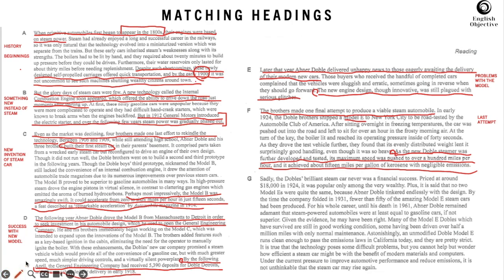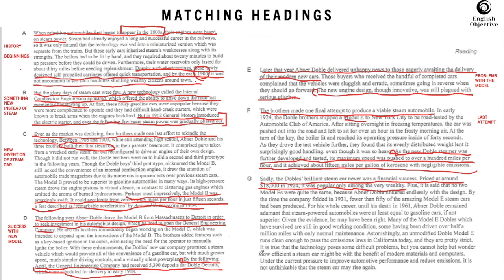And finally, let's continue skimming paragraph G. Sadly, the Doble's brilliant steam car never was a financial success. Never a success. Priced at around $18,000 in 1924, it was popular only among the very wealthy, only with rich people, because it was very expensive.